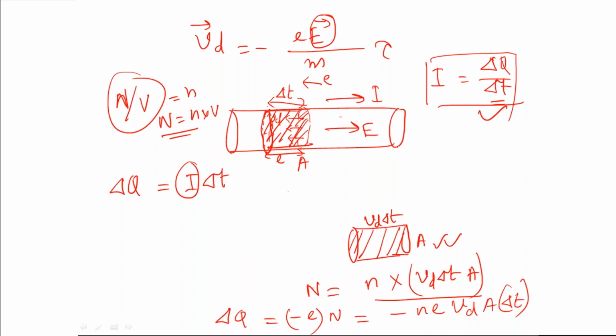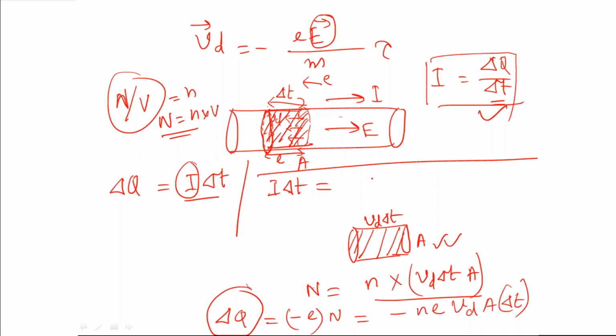So this is my total charge, and these two I can equate. I into delta t is equal to this delta q, which is n into e into vd into A into delta t, right? I have got this.